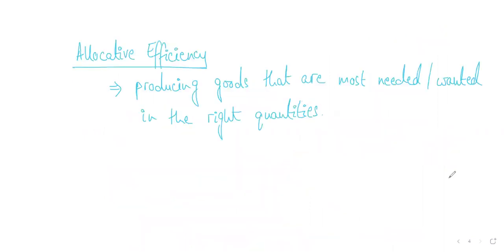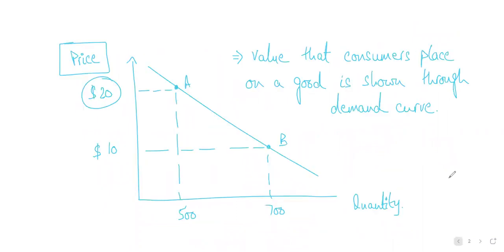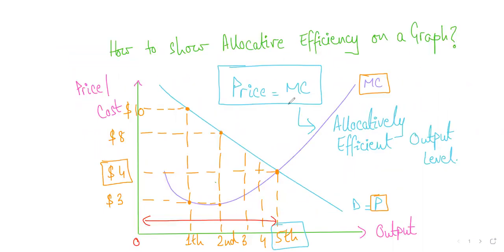Is it making sense? So that is what you need to remember. The output level where price is equal to marginal cost is the allocatively efficient output level. Anything less than that would be underproduction, as I was showing you over here. So anything less than 5 units would be underproduction, and anything more than this would be overproduction.